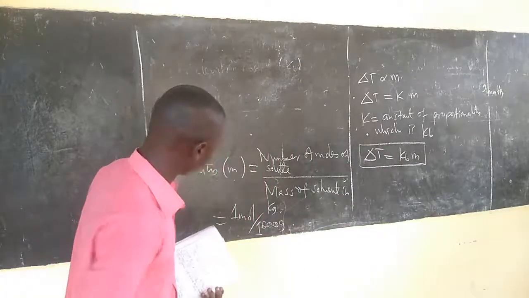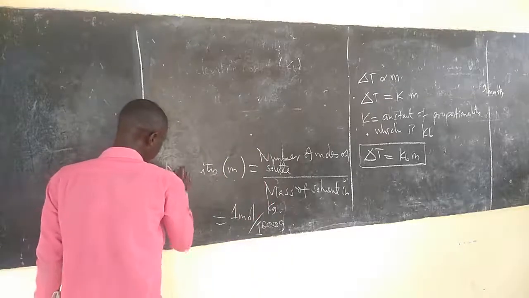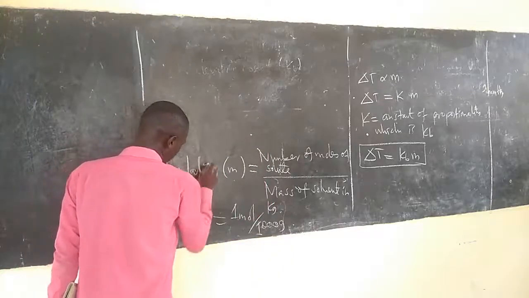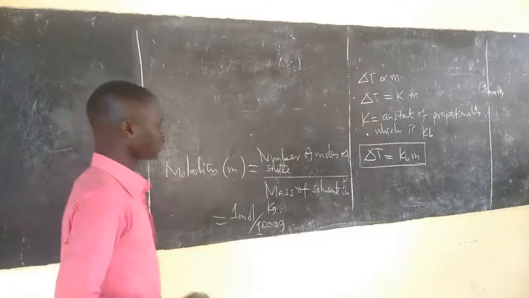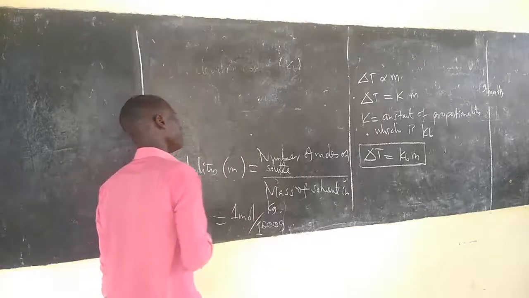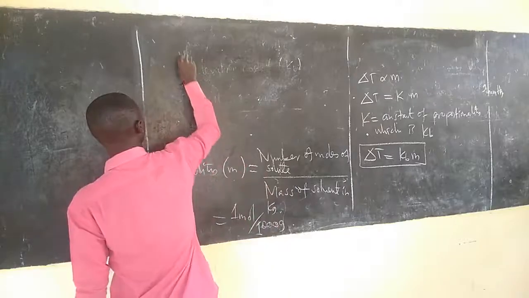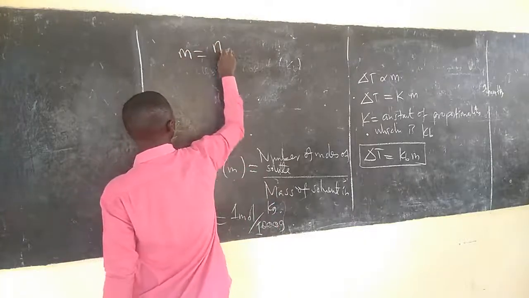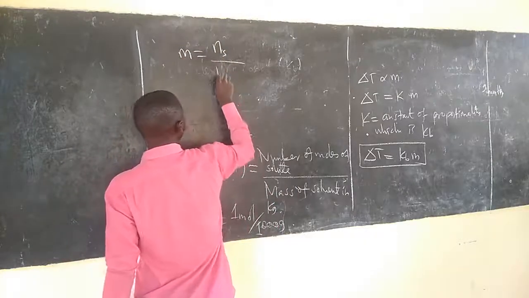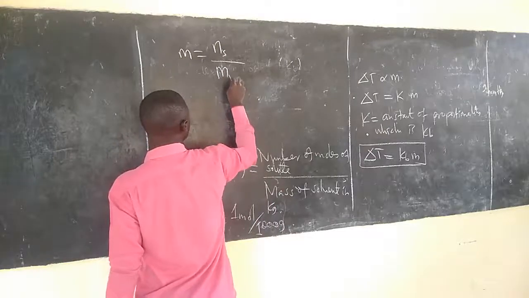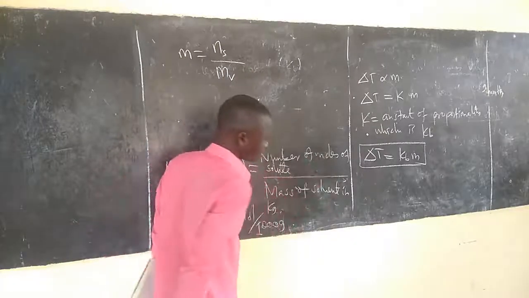But molality, as we say, is equal to the number of moles of solute divided by the mass of solvent in kilograms.